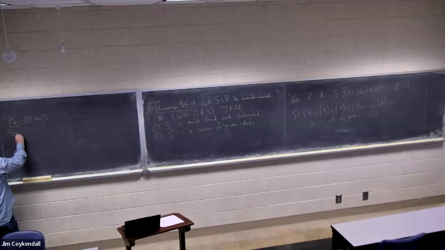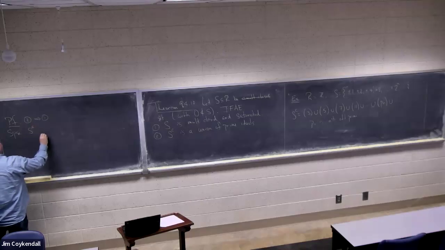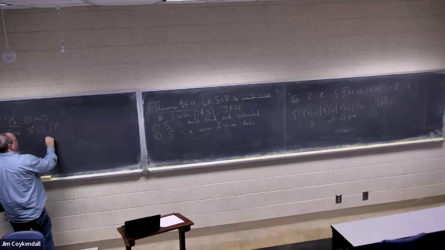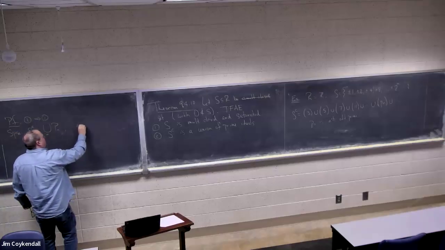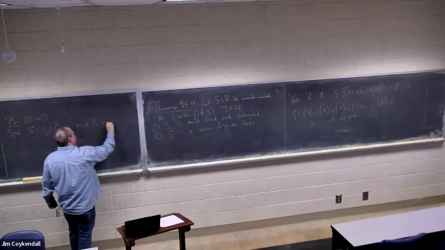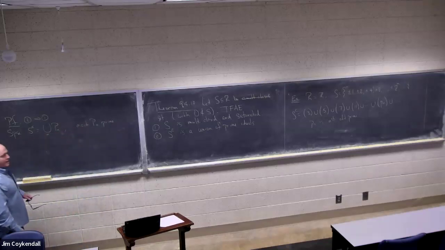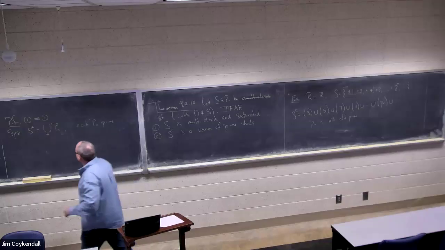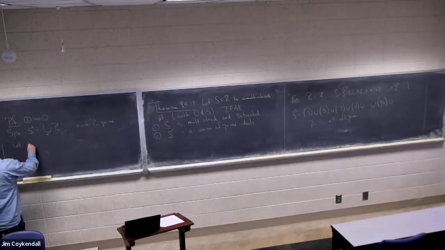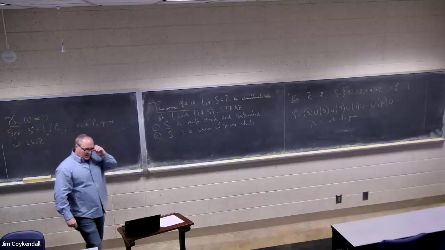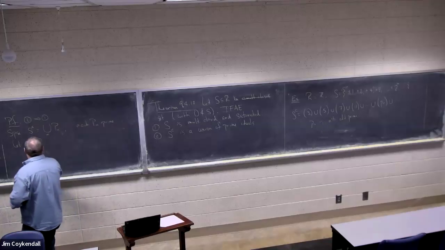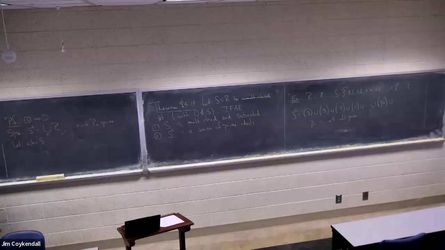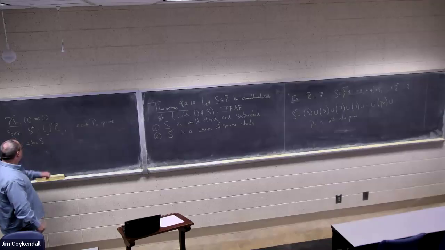Suppose S complement is the union of the P alpha. Okay, so our burden is to show that whenever I build such a set, well, actually, I'm going to start with that. The first thing I want to do is show that this is multiplicatively closed.